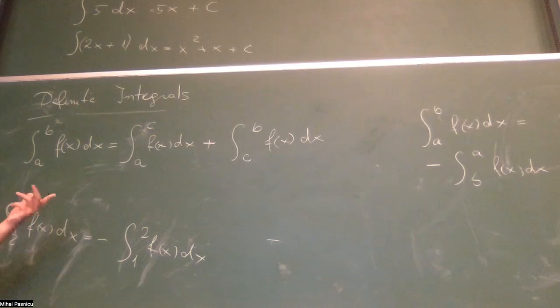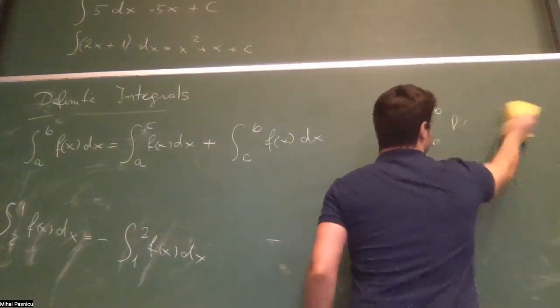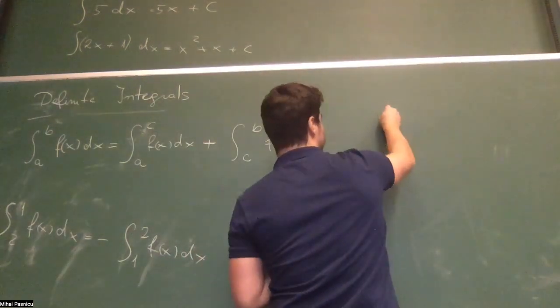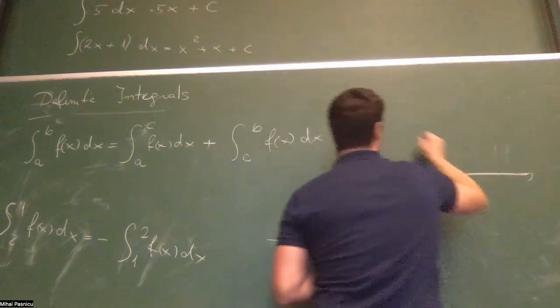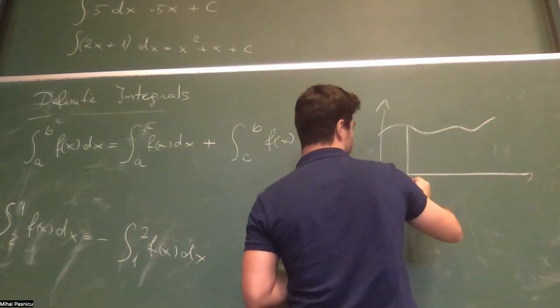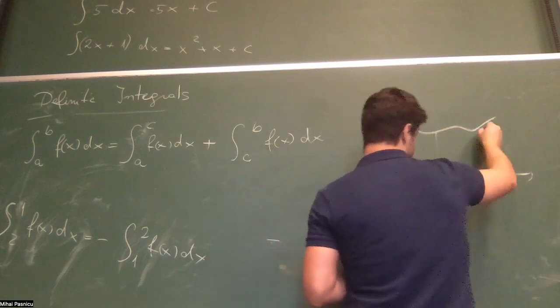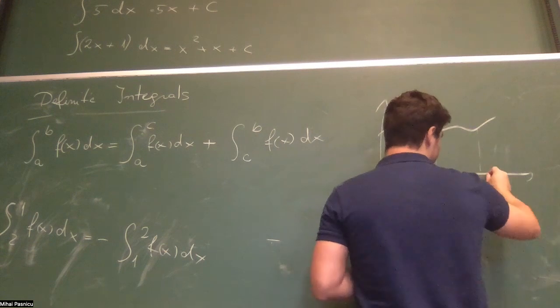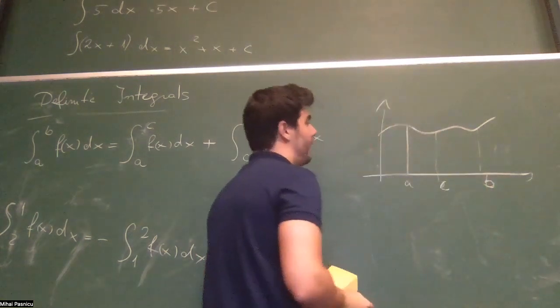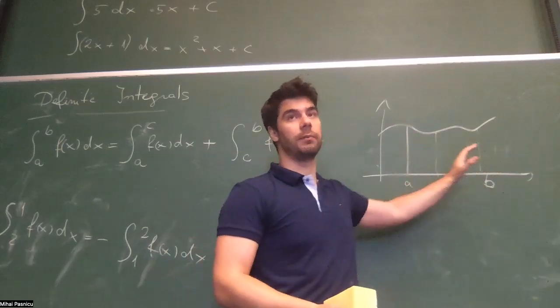This should make sense intuitively, right? Because if this is my graph, this is the thing I want to draw. This is A, this is C, this is B. If I'm interested in the area between A and B, that's what I want to compute with the integral.